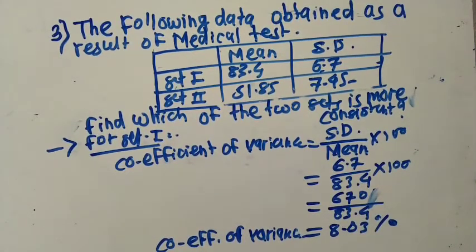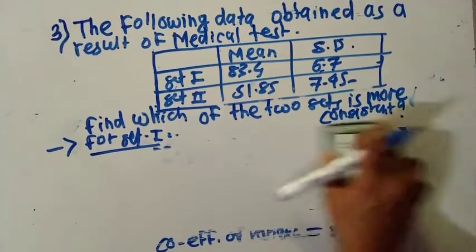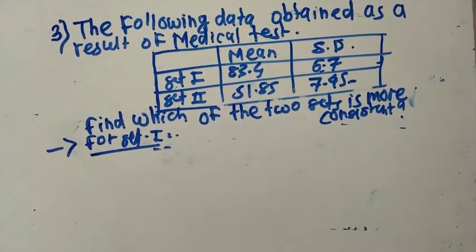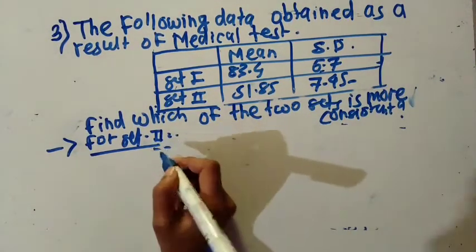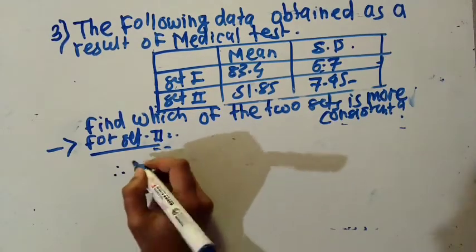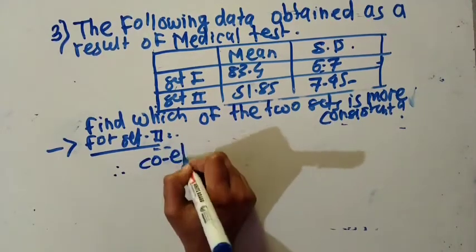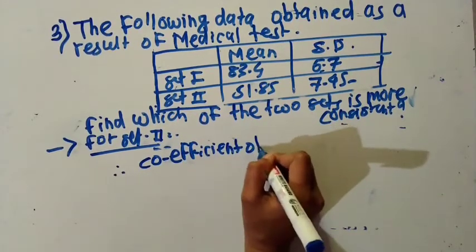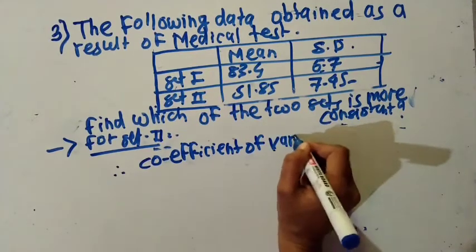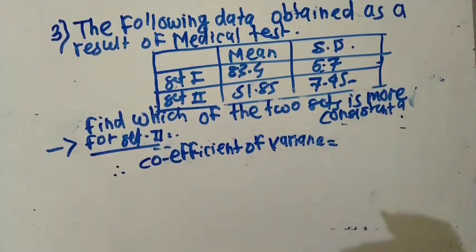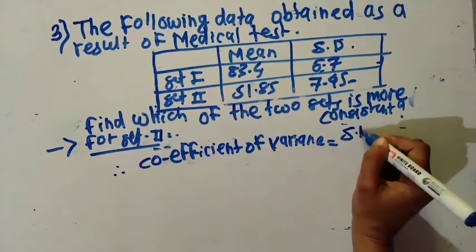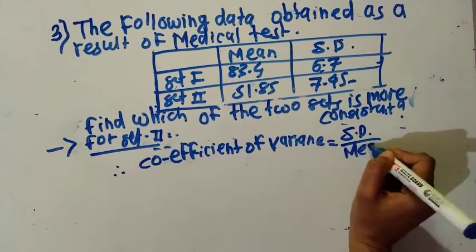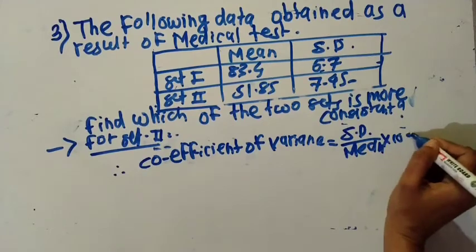Then also find out for set second, coefficient of variance is equal to standard deviation upon mean into 100.